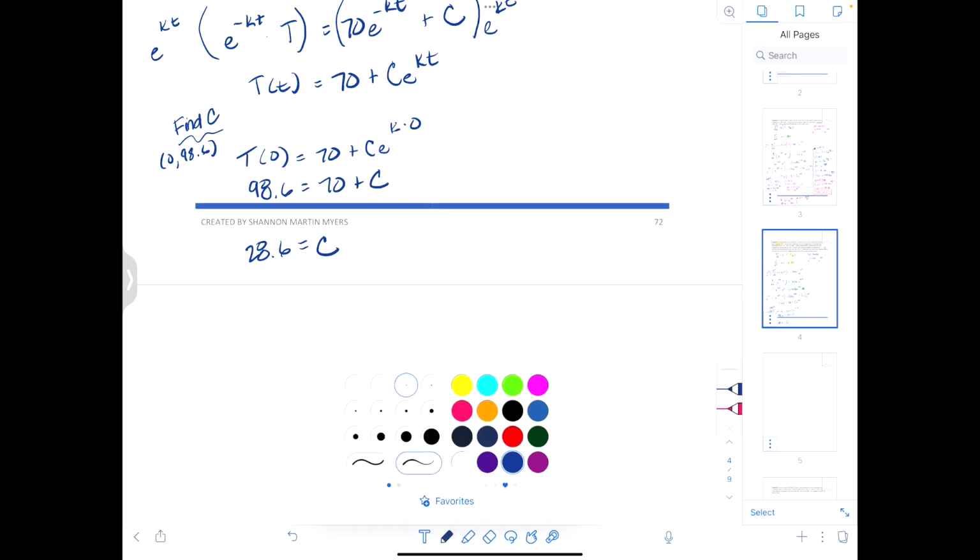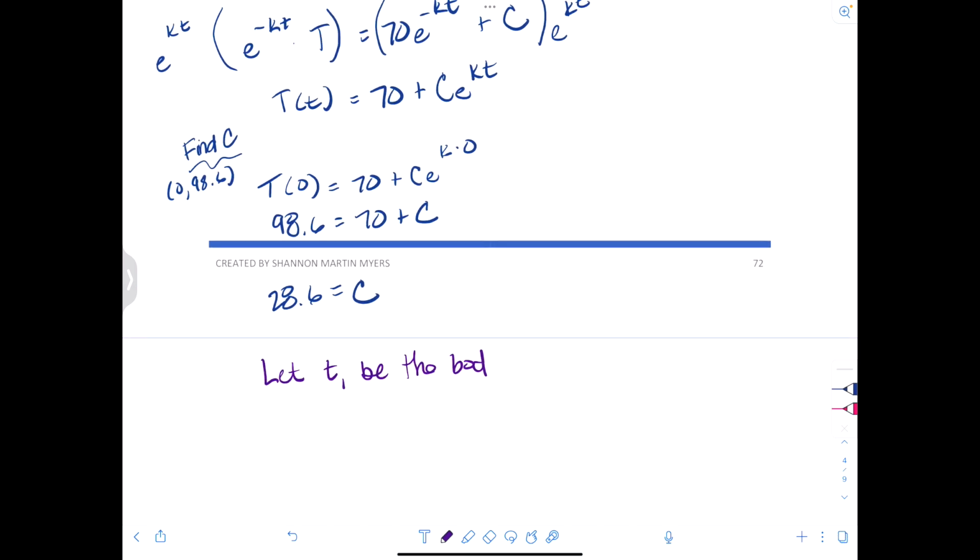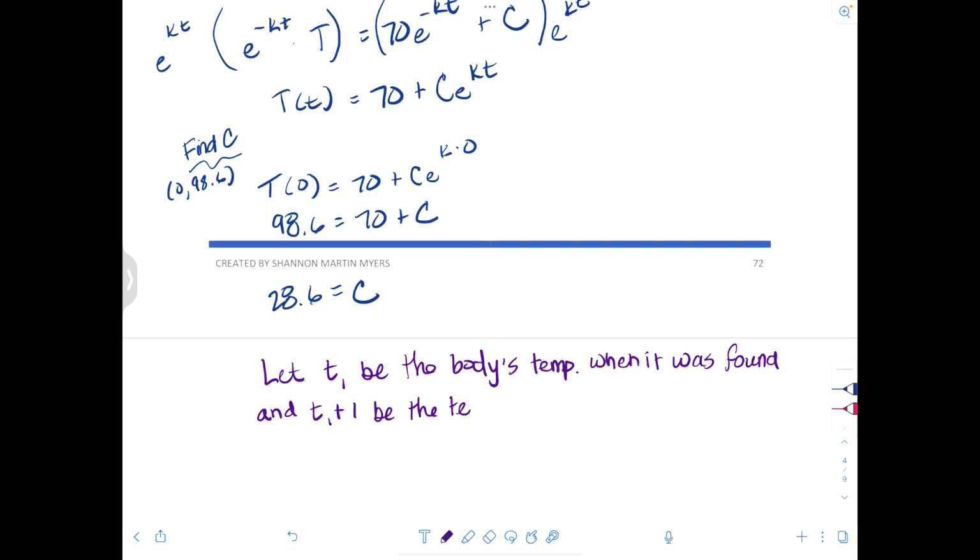So if we let T1 be the body's temperature when it was found, that means that T1 plus 1 would be the temperature 1 hour later.